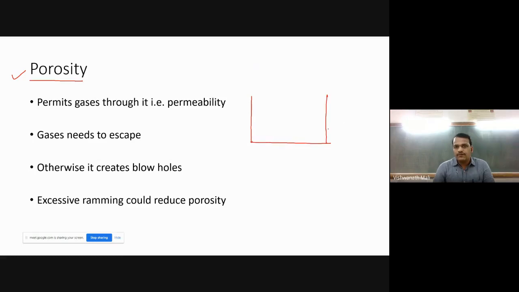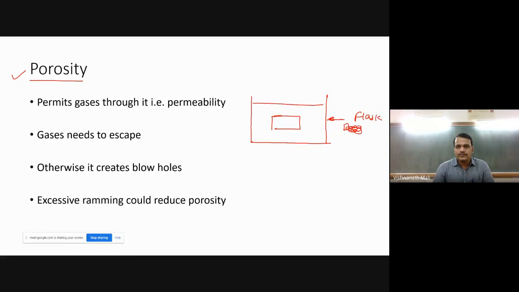So here we have the mold. Suppose this is the mold, this is the drag, and suppose this is the flask.